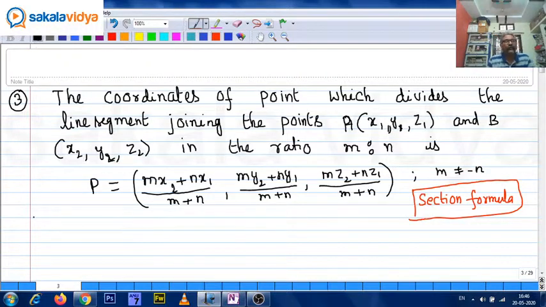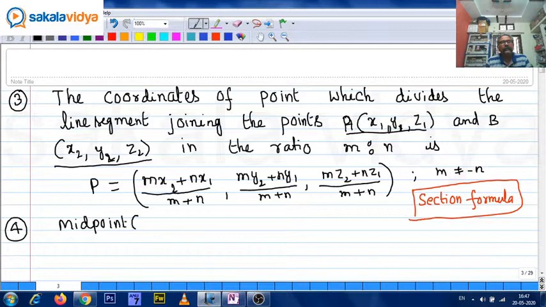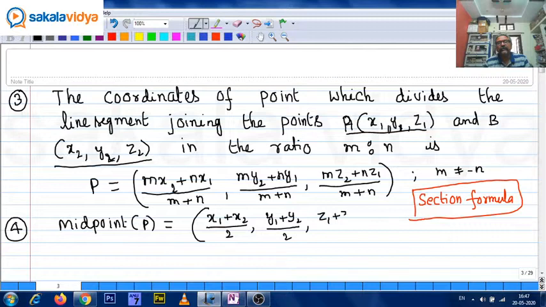For example, fourth point is midpoint formula. The midpoint of the line segment joining the points A(x1, y1, z1) and B(x2, y2, z2). Midpoint, for example, P equals to, we can write coordinates (x1 plus x2) by 2, comma, (y1 plus y2) by 2, comma, (z1 plus z2) by 2.